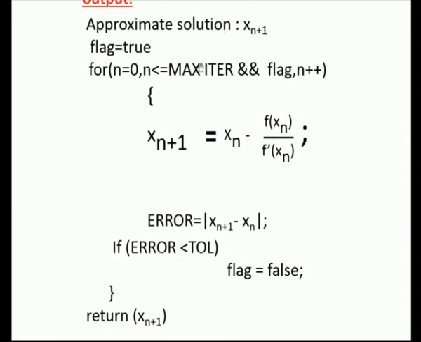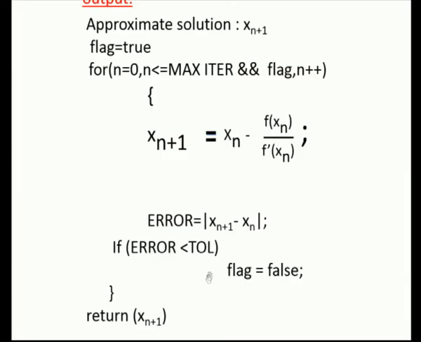Now n will be 1, because of n plus plus; initially n was 0. So, x1 we are calculating using x naught, then x2 will be calculated, then x3 will be calculated, and we keep computing further iterations.